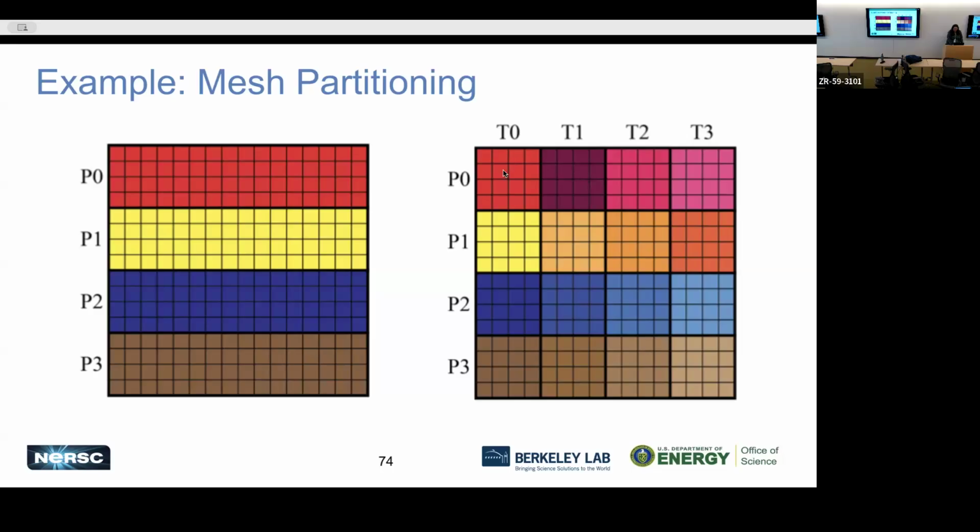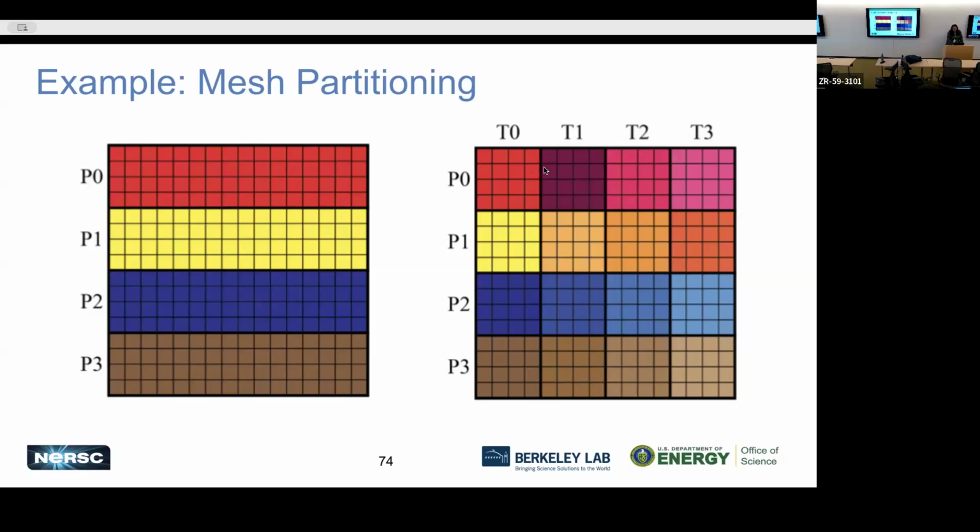We could subdivide it into 16 domains that we're going to calculate in parallel. So, for example, at this line right here, this yellow cell here needs to know the value of this red cell right above it. So we're going to have to communicate about that. And this red cell needs to know what the value is in this dark red cell.